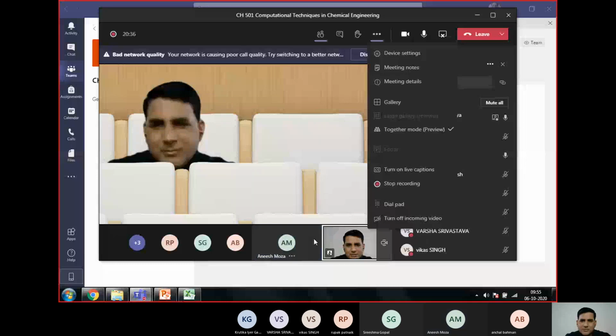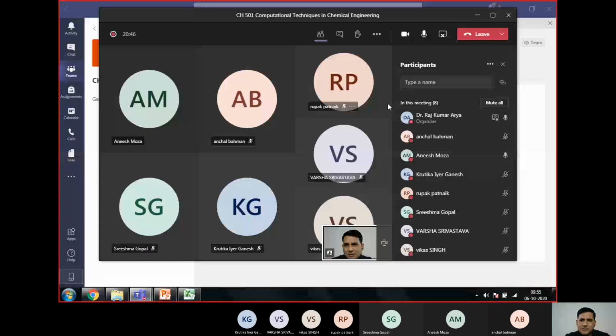In this gallery mode, everybody would come here, so this is the different gallery mode, and everything would be here, whether you are talking or not. Let's see all this later, but I will have to look at the classroom setting. How will I sit at the back? That one back bench, not on front.